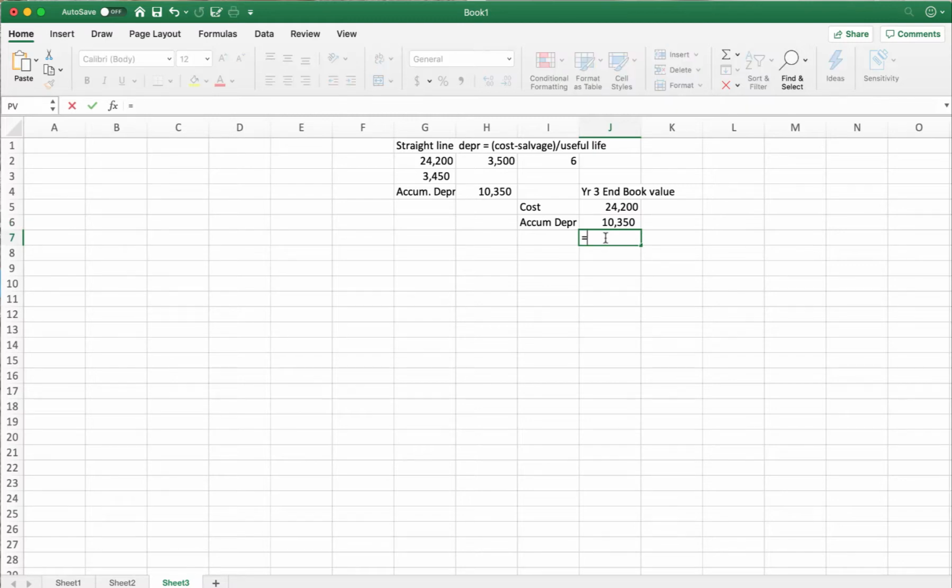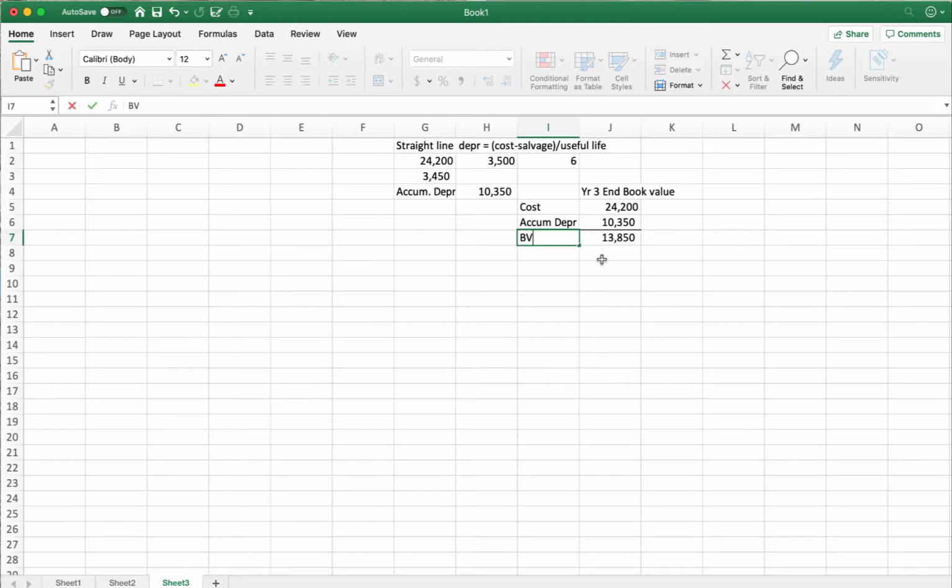Our book value at the end of year 3, I'm just going to say BV, at the end of year 3 is $13,850. Okay. Guess what? That is the same exact book value when we start year 4.